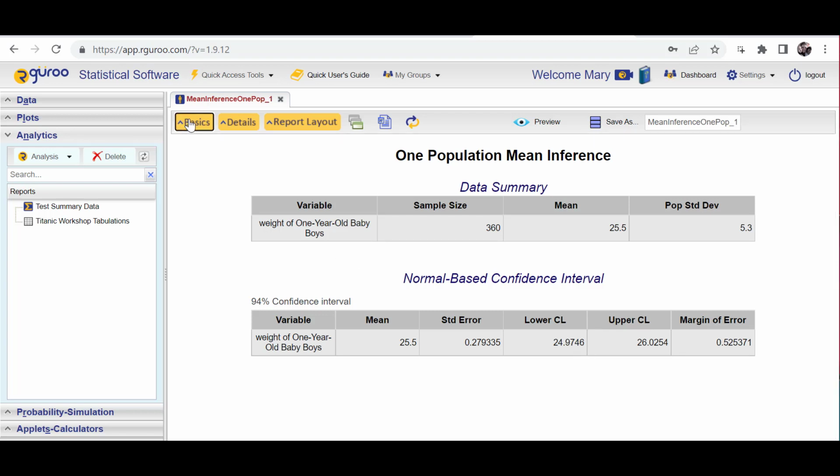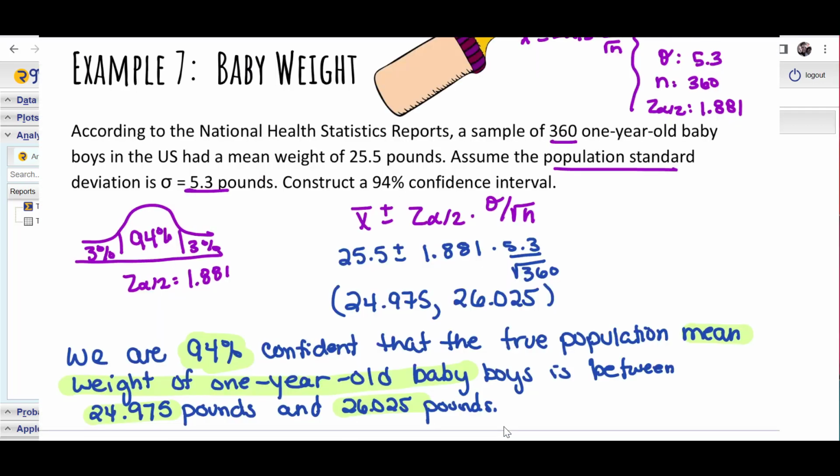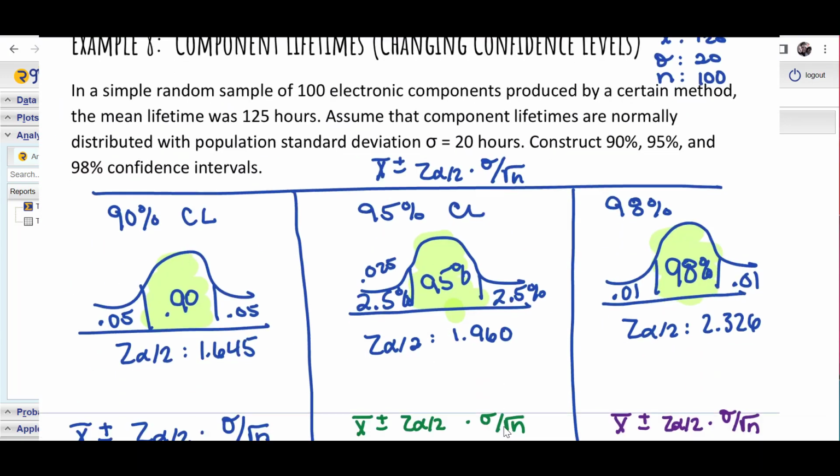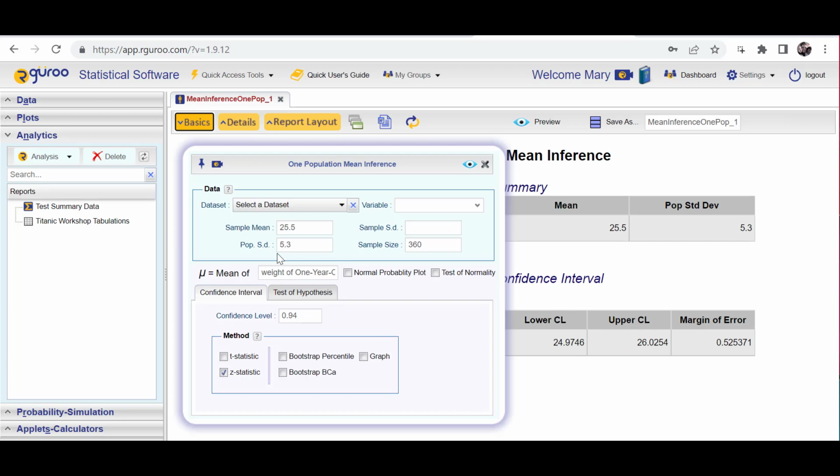The next one we did was where we did 3 different ones in one. Let me just go back here so you can see. We did these 3 in 1. So this was the random sample of 100 electric components. The mean lifetime was 125. Standard deviation was 20. And we changed the confidence level. So let's just show you how easy this is. Analytics, choose mean inference, one population. So I'm just going to delete these out.